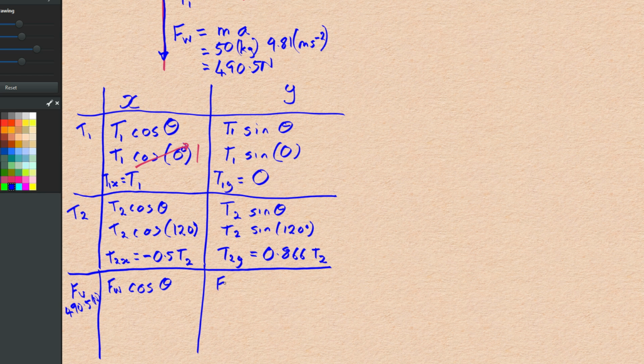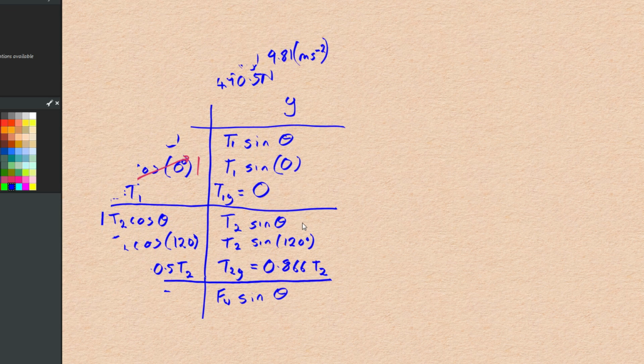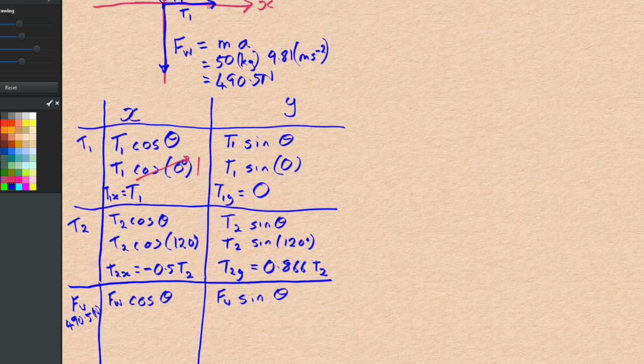Our y component is our weight force sine of theta, and our theta for this one, if our x direction is that way, we can either go in the other direction, down this way, and say it's minus 90 degrees, although the minus wouldn't be there, I'm just showing that to illustrate the point.